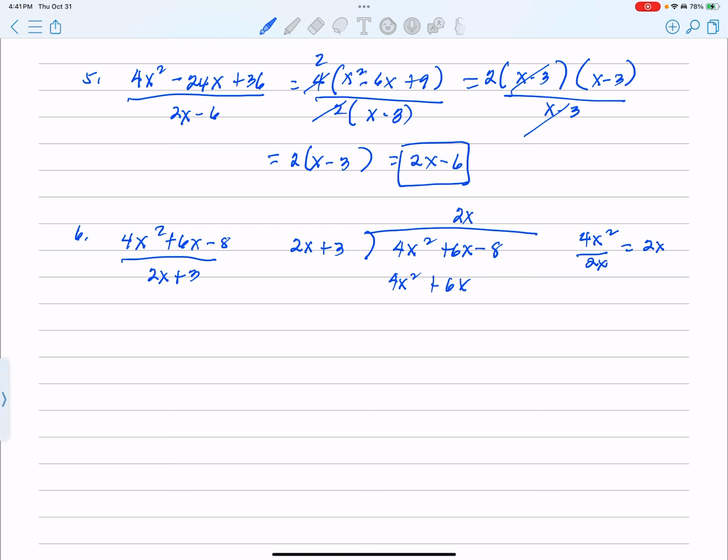And then subtract, change the sign. We cancel out everything here, bring down negative 8. So we have negative 8 divided by 2x, that is 0. We have the answer right away.